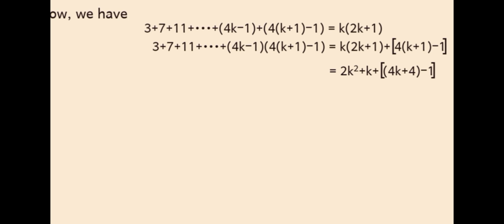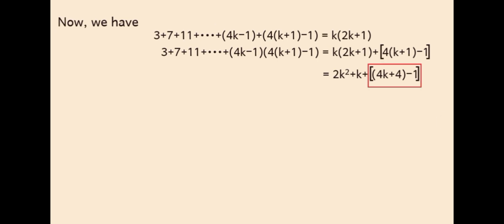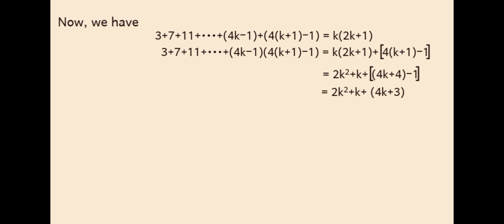You notice that the last portion of our equation, 4k plus 4 minus 1, can be simplified by adding negative 1 to the 4, and it will give us 4k plus 3. And now we have the equation on the right hand, 2k squared plus k plus the quantity 4k plus 3.